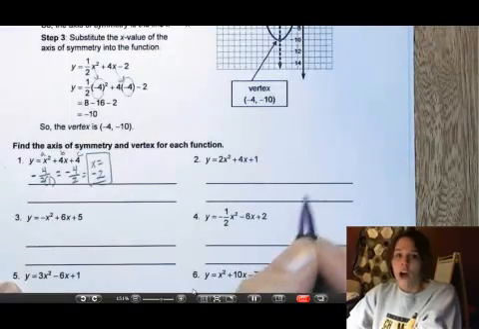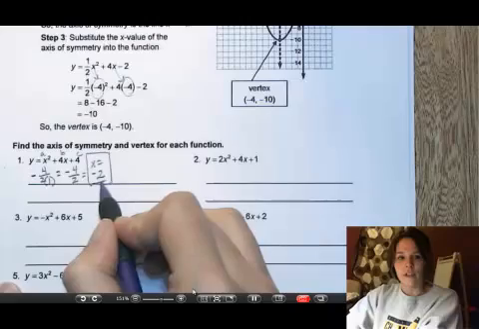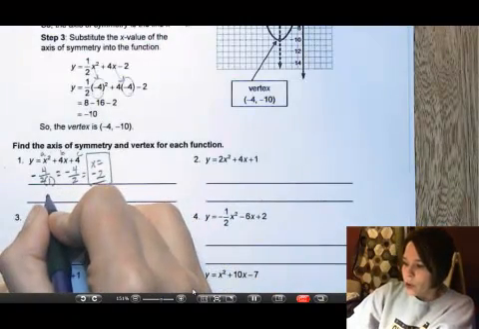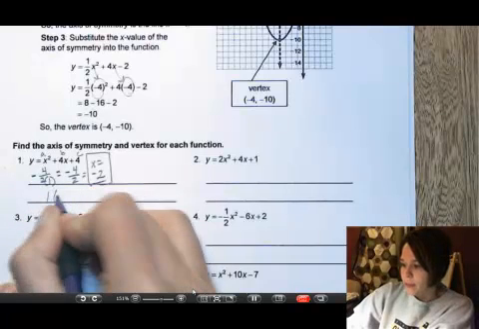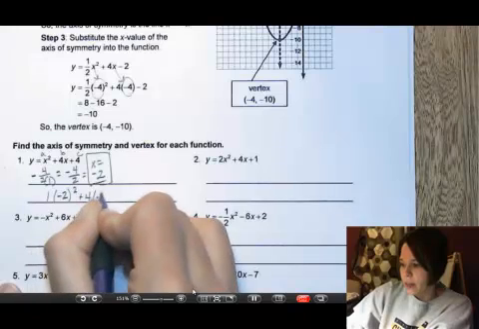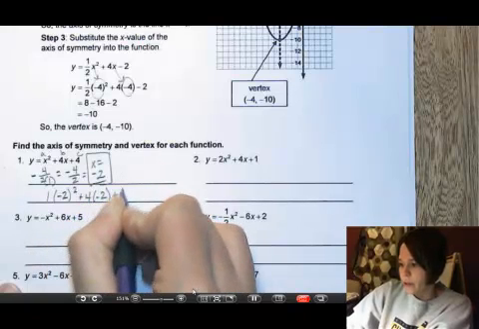My vertex, all I do is take this value of -2, plug it in for my x's in my quadratic equation. So 1 times -2 squared plus 4 times -2 plus 4.